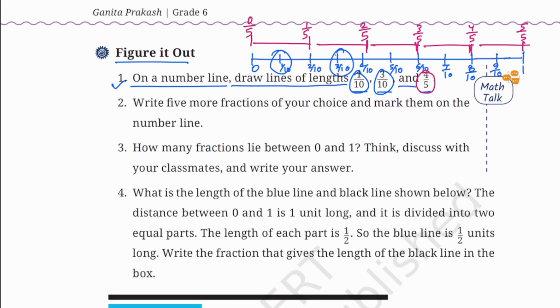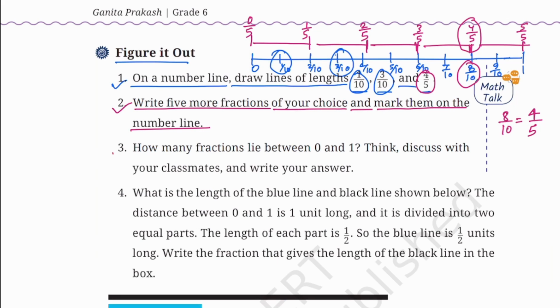You can see 4 upon 5 is equal to 8 upon 10. If you divide 8 by 2 and 10 by 2, you will get 4 upon 5. 2. Write 5 more fractions of your choice and mark them on the number line.